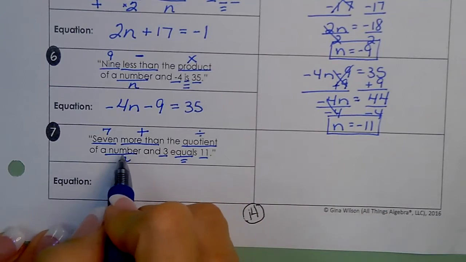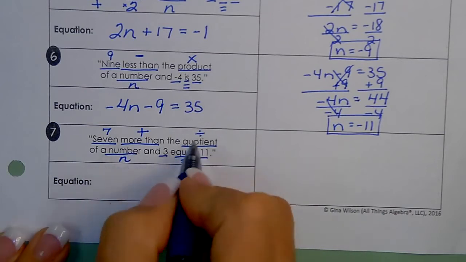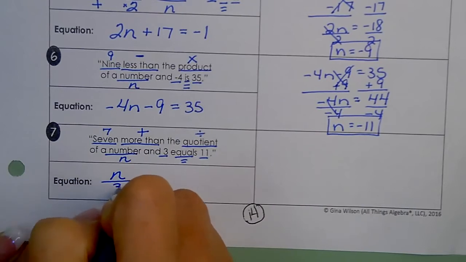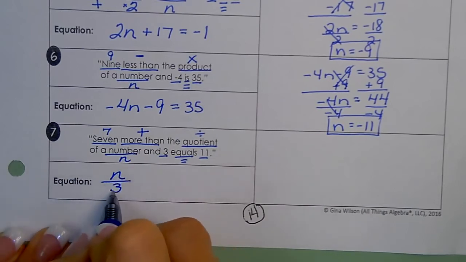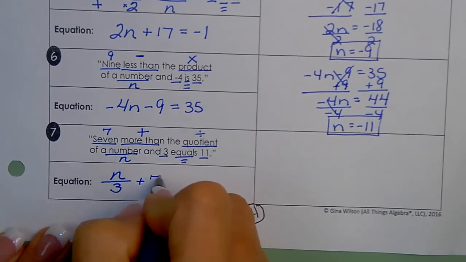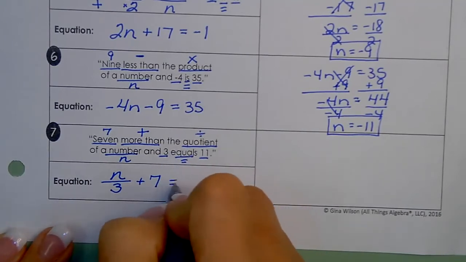Let's start with the quotient of a number and 3. Since that's divide, we're dividing a number by 3. So this is the quotient of a number and 3. And now it's going to be 7 more than that. Equals 11.